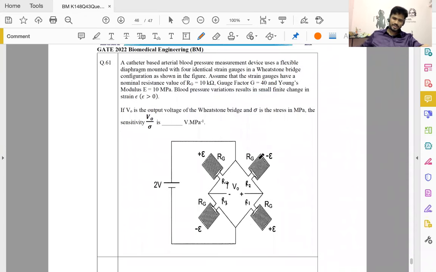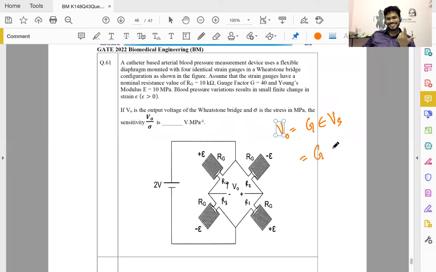So problems cannot get easier than this. Full bridge circuit, plus epsilon, minus epsilon, minus epsilon. B output, G epsilon, source voltage. One tick they put, they give Young's modulus and all.